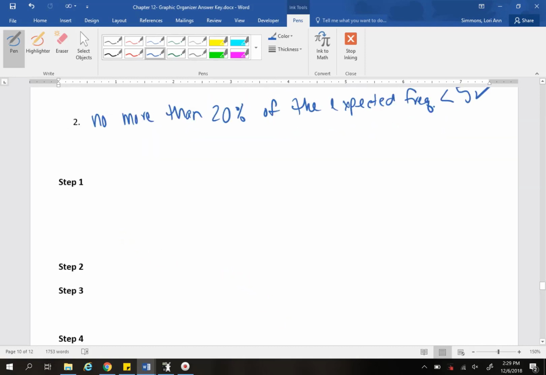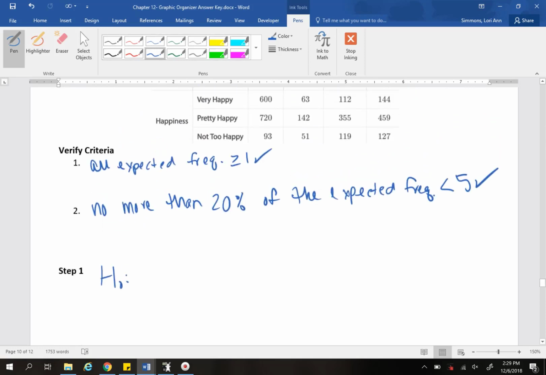The null hypothesis, we're going to compare the row and column. So the row is happiness, and the column is marital status, are independent.